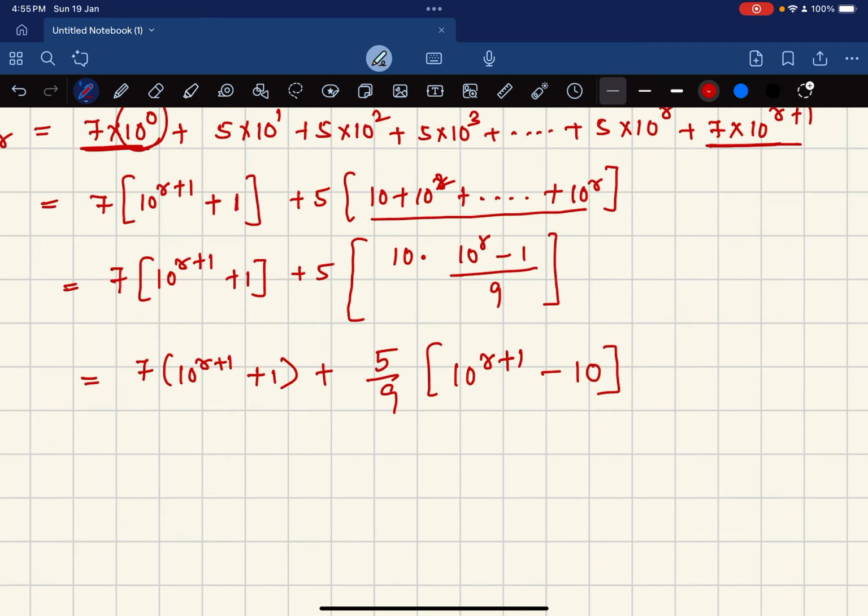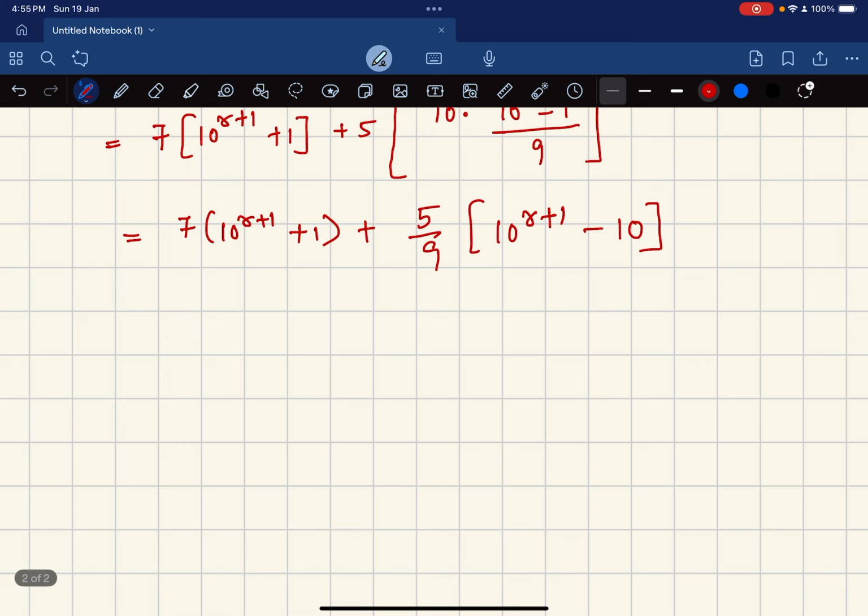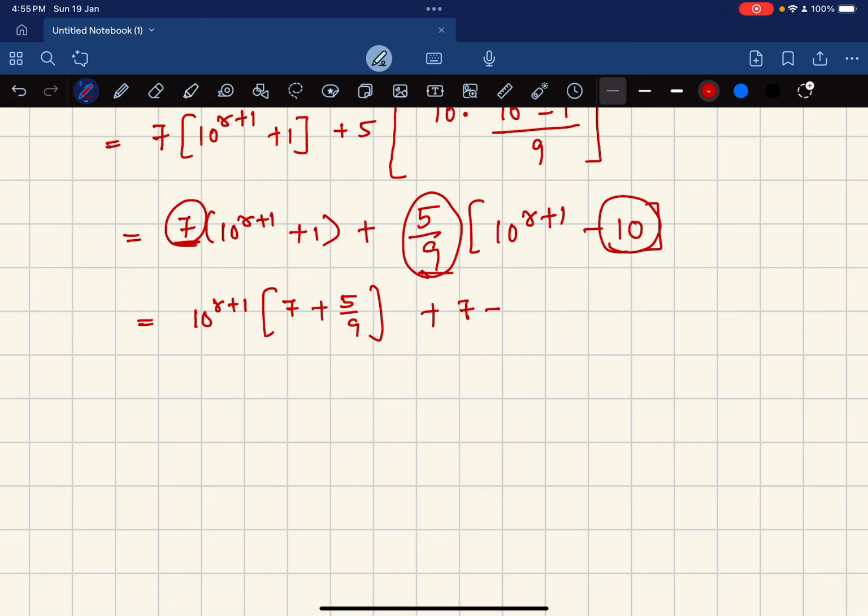All right, now let us bring the 10 to the power r plus 1 terms together. So this will be 10 to the power r plus 1. Here we have 7 plus here we have 5 upon 9, plus constant terms. This is 7 minus 5 upon 9 into 10 minus 50 upon 9.